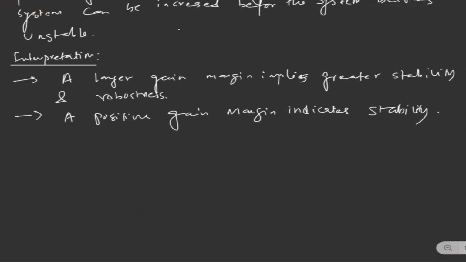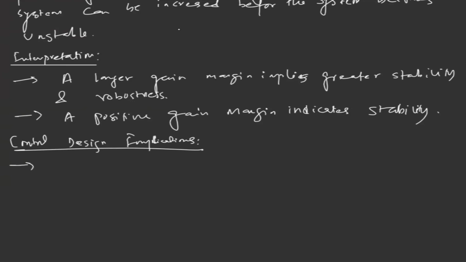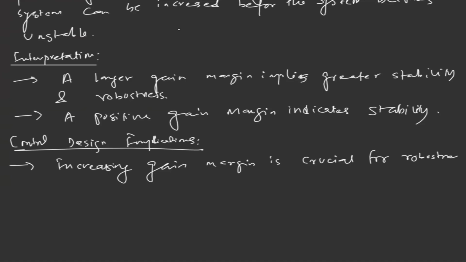And control design implications. Increasing gain margin is crucial for robustness against uncertainties and disturbances.